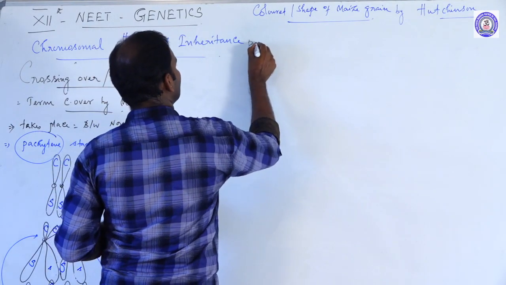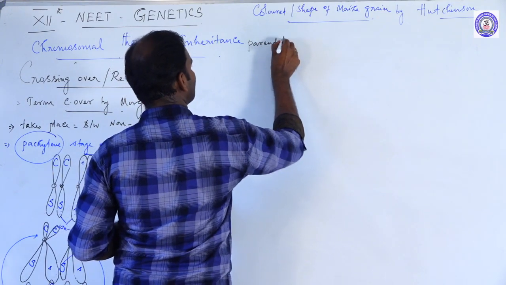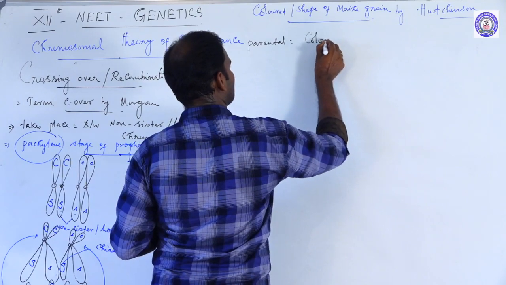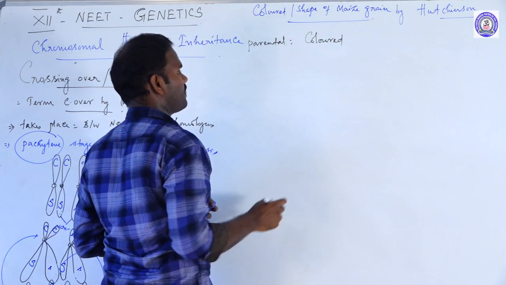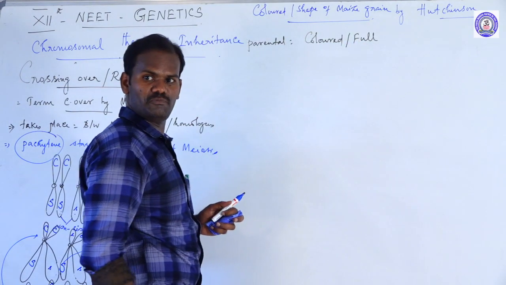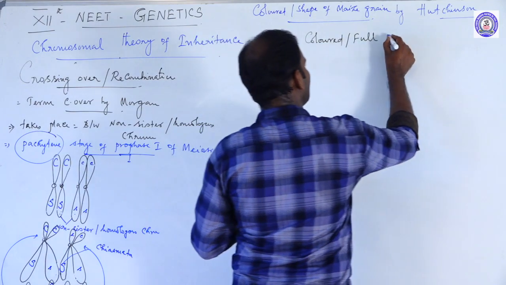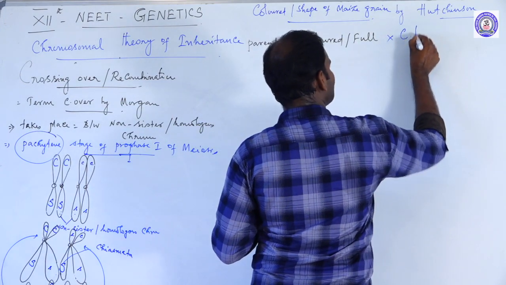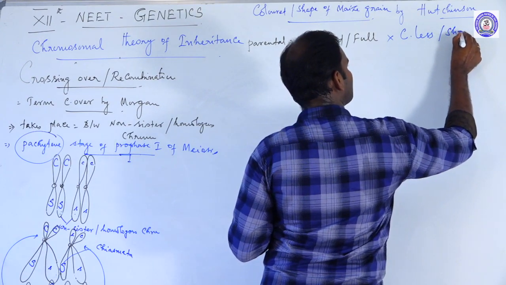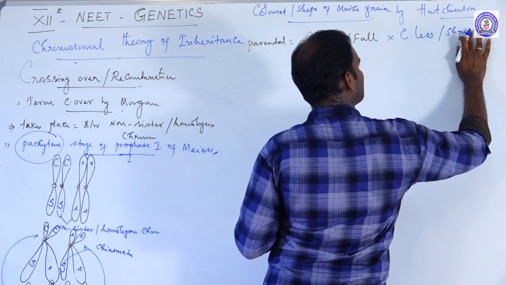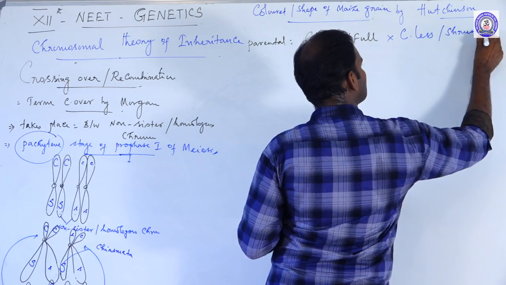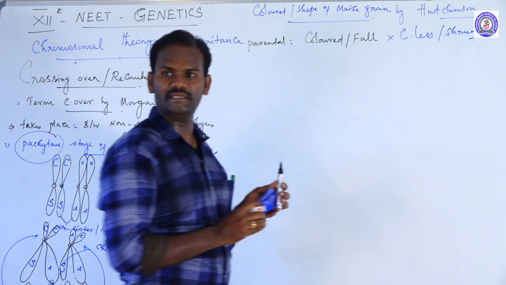So, for example, take the parental combinations. Colored grain with full shape grains of maize crossed with colorless grain with shrunken shape of maize grains.